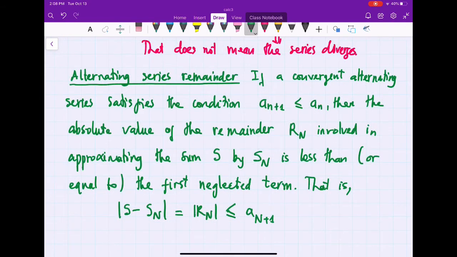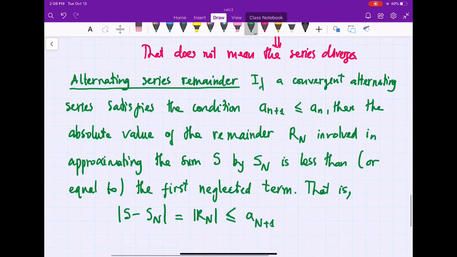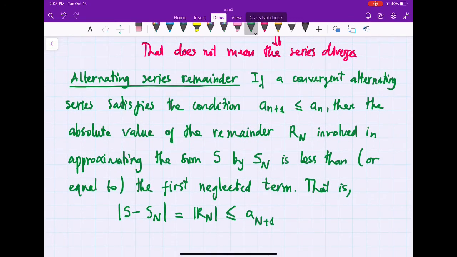Suppose that you have some alternating series which is convergent, and you want to approximate the sum of this series. So how to do it? Look at this. Suppose that the convergent alternating series satisfies the condition a_(n+1) less than a_n, right?